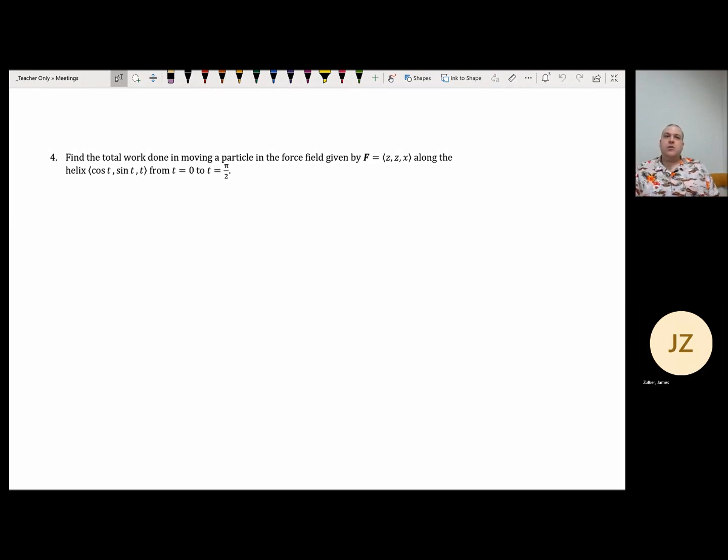That was F dot R. Now we look at moving through a force field, where essentially it's now a force vector that is variable. Well, it's going to be an integral. Specifically, integrating over the path of F dot dr. It's the equivalent of moving from constant force in one dimension to variable force in one dimension, where we integrated.